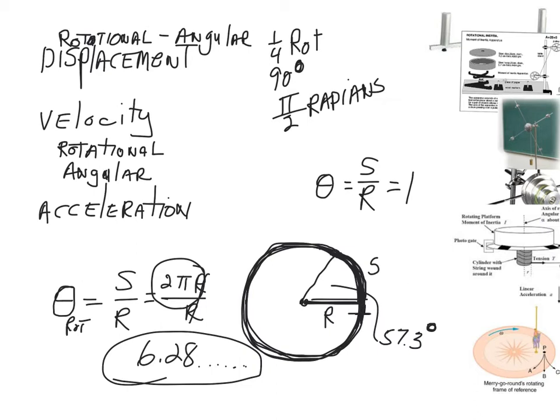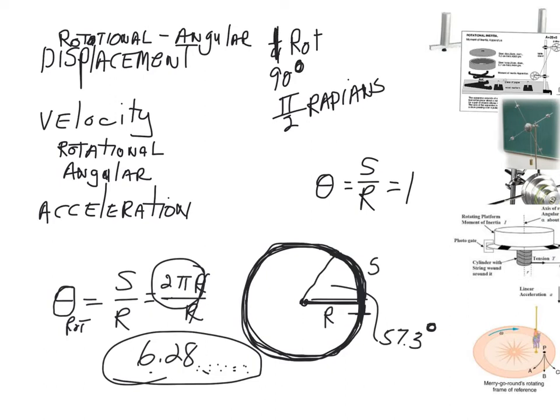So as you'll see as we do the problems, we'll often leave the pi as pi. 2 pi is 6.28 plus some other digits. We can call it 2 pi or you can call it 6.28. And that's the way in which we convert angles, radians, and rotations.